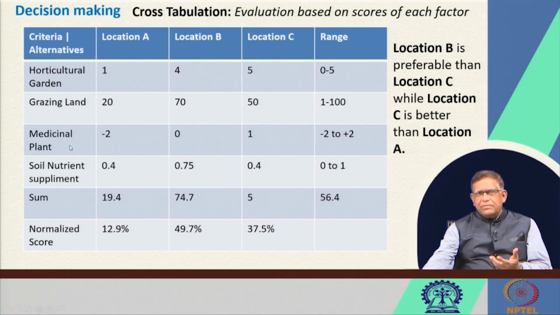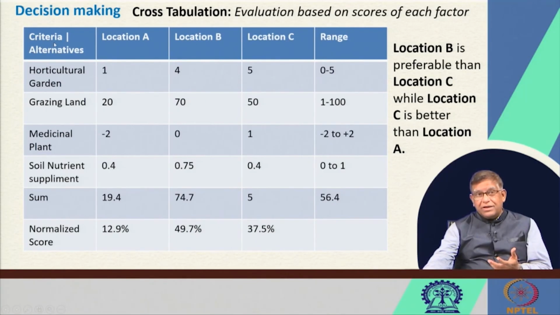Then medicinal plant experts are asked to give a number between -2 and +2 for which is most suitable, and he says that location C is good for medicinal plants. Another expert on nutrients is consulted and gives his numbers. So different people have evaluated differently.